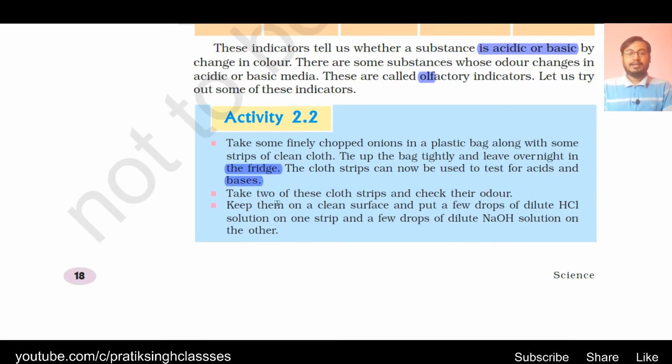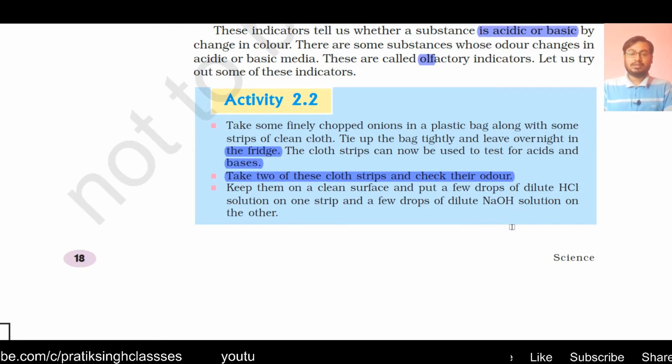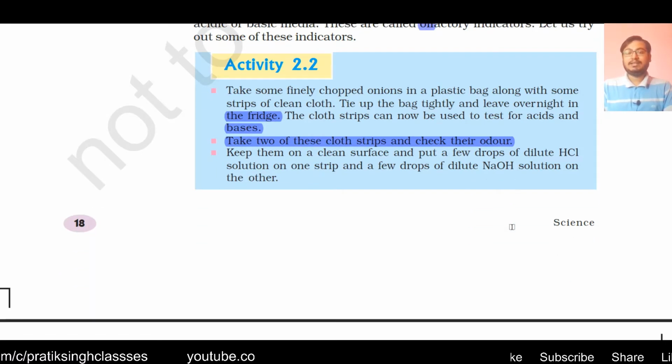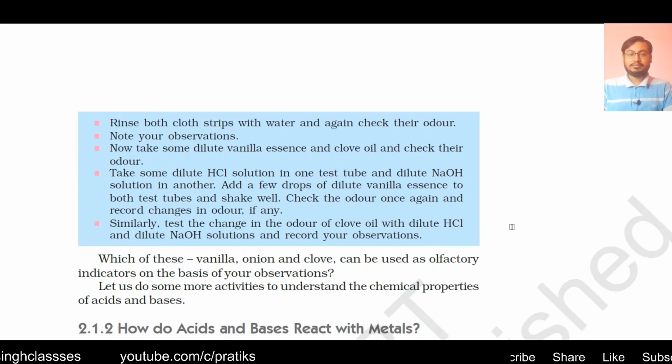Take 2 of these cloth strips and check their odor. You will see that their smell has changed. Keep them on a clean surface and put a few drops of dilute hydrochloric acid solution on one strip and a few drops of dilute sodium hydroxide solution on the other. What will you see? Whether it has changed its color or whether some odor of a different type has come.